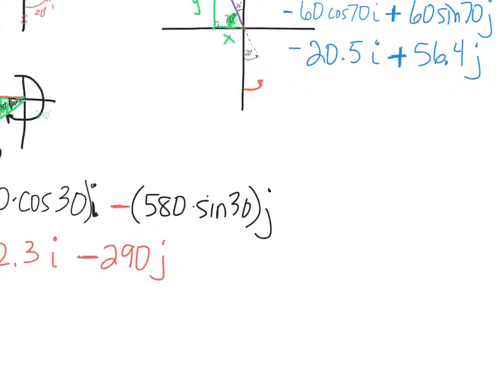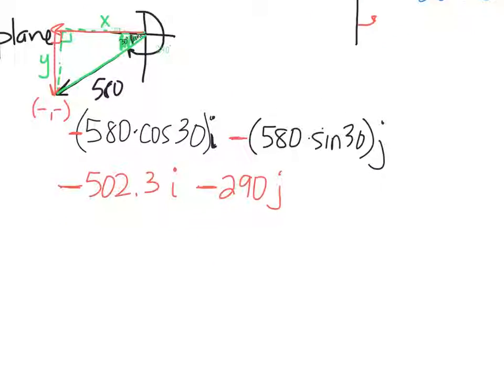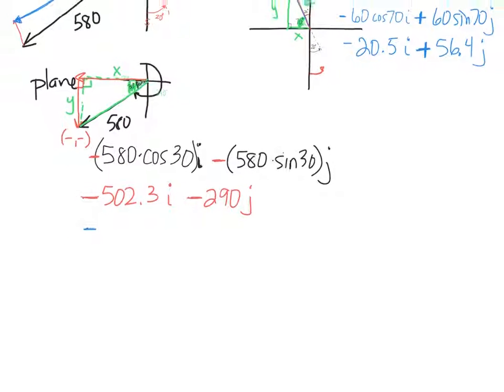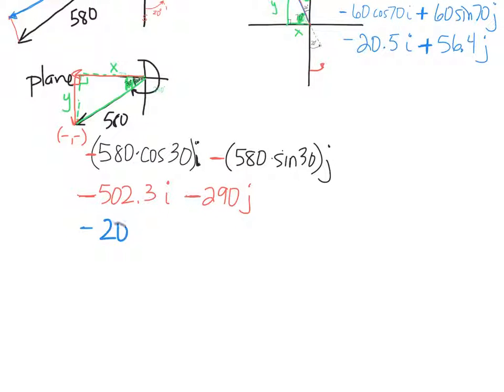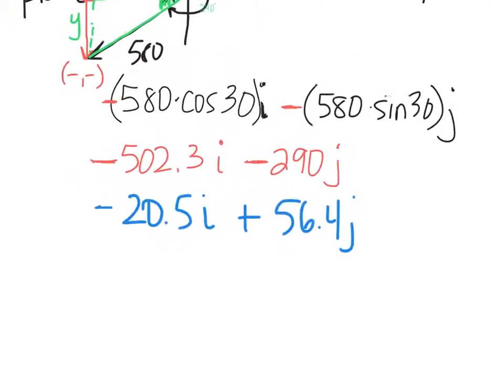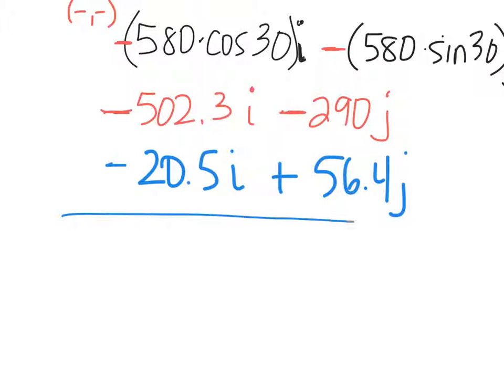So if I take my wind component down here to my plane component, I'm going to add these things together. Negative 20.5 i plus 56.4 j. Okay, so I'm going to add these two together. 502.3 plus 20.5, since they're both negative, gives me a total of negative 522.8.